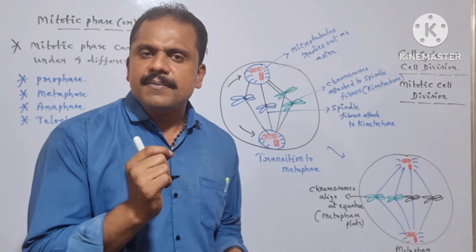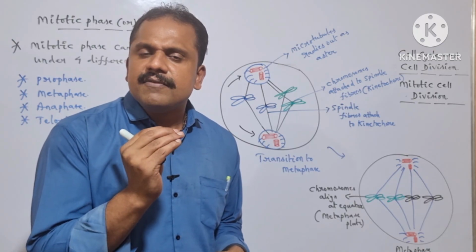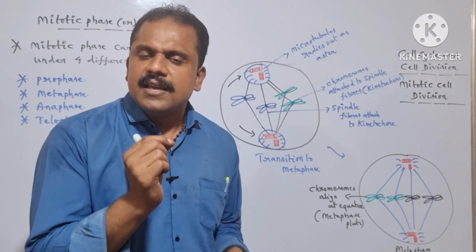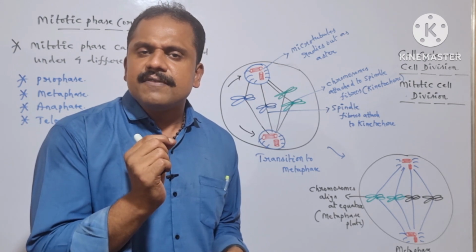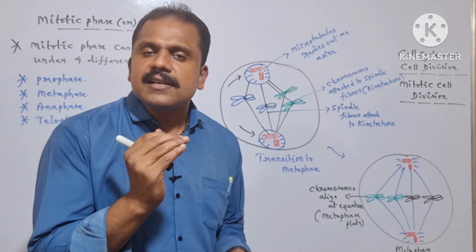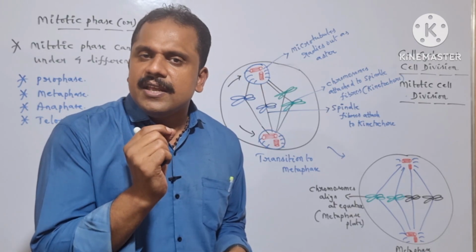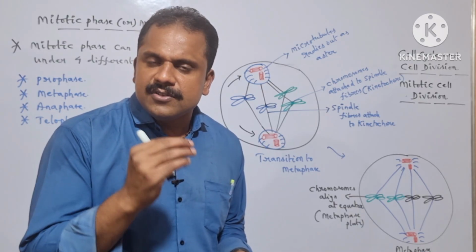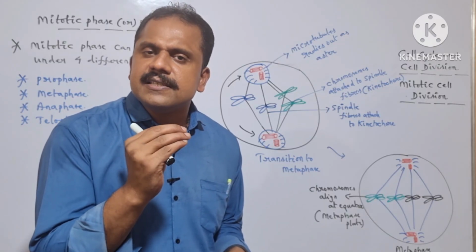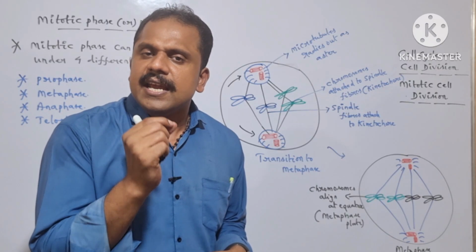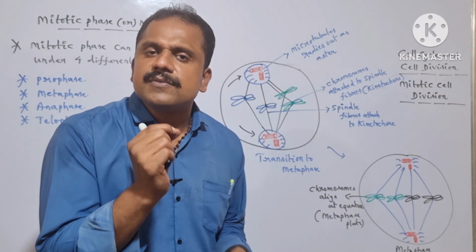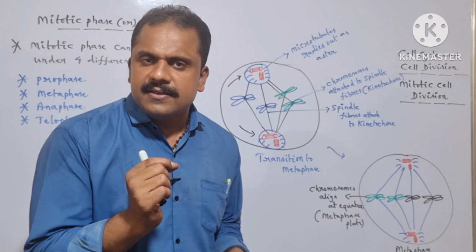As already mentioned, at the very beginning of the late prophase, disintegration of the nuclear envelope takes place. And in addition to that, the various subcellular organelles also disappear. Because of the disintegration of the nuclear envelope and the disappearance of various subcellular organelles, the chromosomes successfully spread out throughout the cytoplasm of the biological cell.